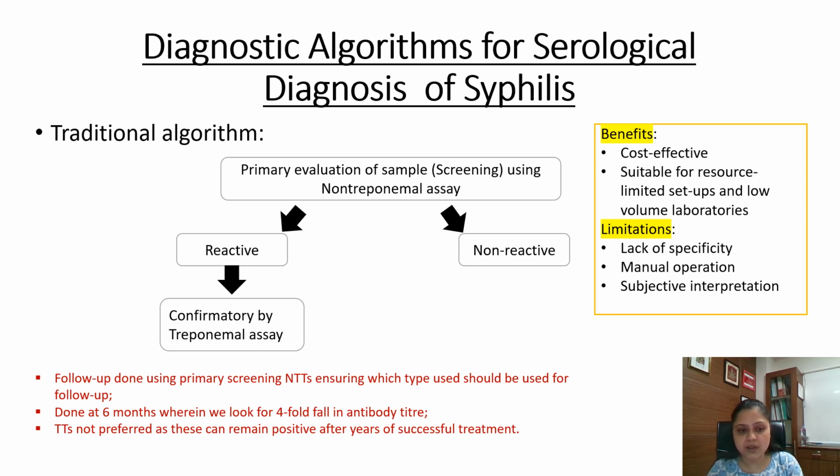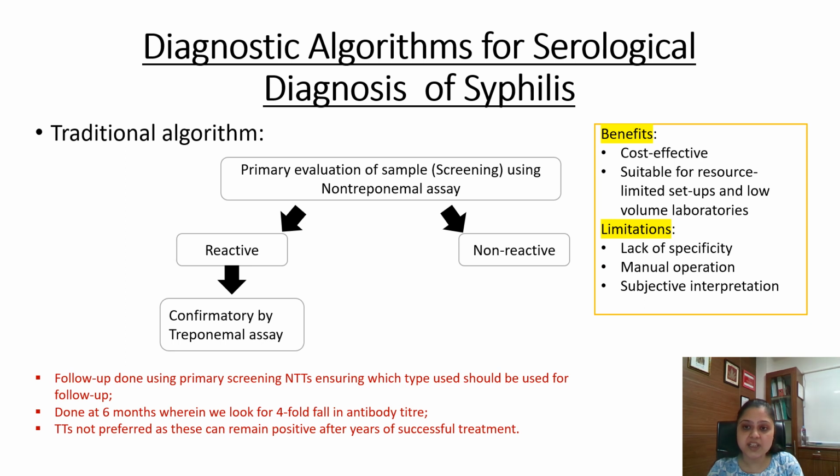And importantly to note that the treponemal assay, which I'll be discussing subsequently in the reverse algorithm, forms the first primary test. So these treponemal tests are not being preferred for follow-up, because they remain positive for years even after completion of successful treatment.